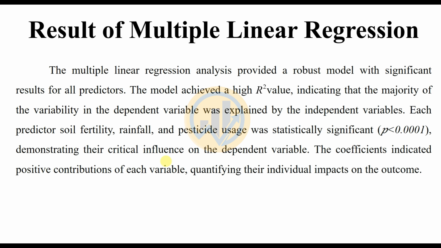Each predictor, soil fertility, rainfall, and pesticide usage, was statistically significant at p less than 0.0001, demonstrating their critical influence on the dependent variable.